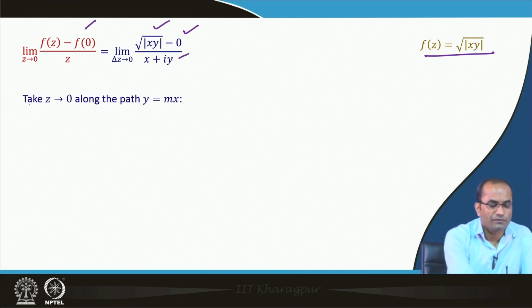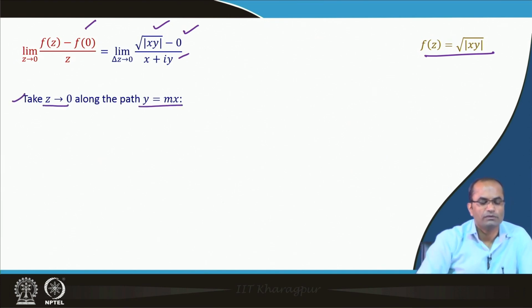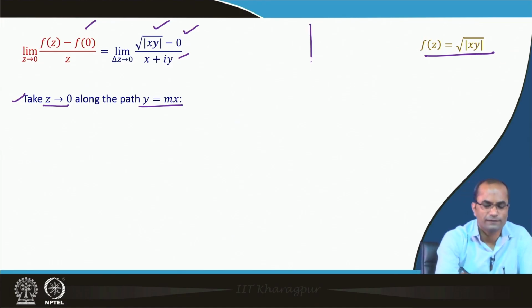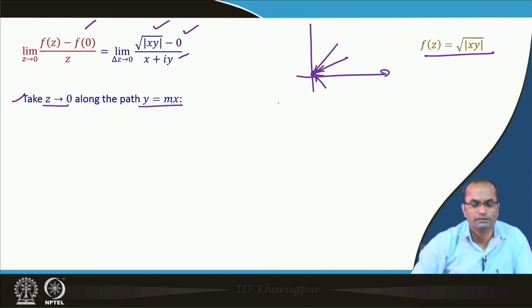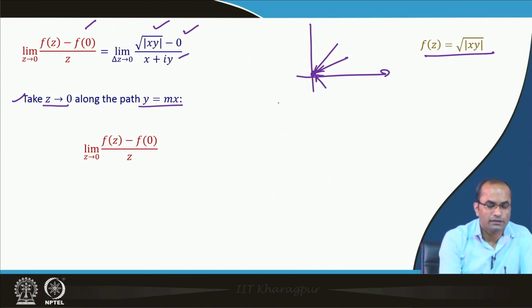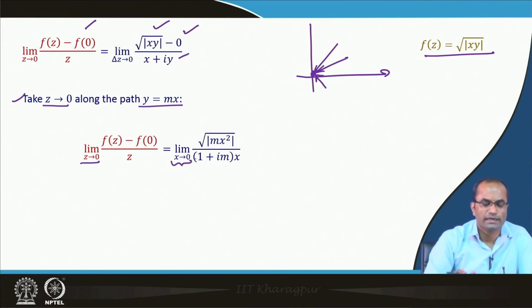So, we take a path here now, z approaches 0 along y equal to mx. So, we have fixed the path along which we are approaching 0, which are straight lines, and now this limit as z approaches 0 will reduce to letting x go to 0, because y is mx.